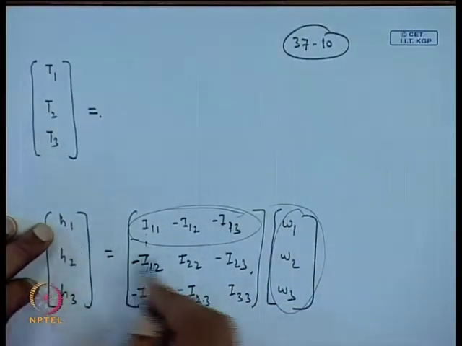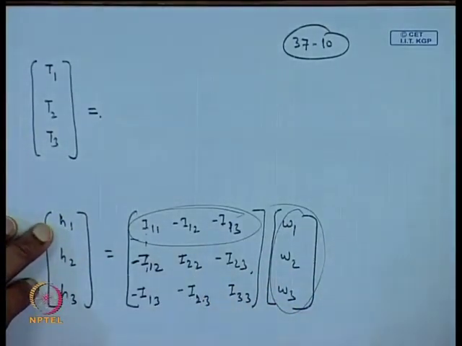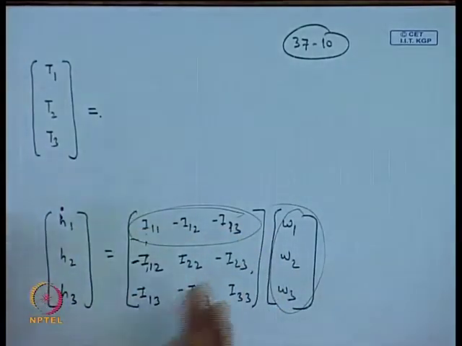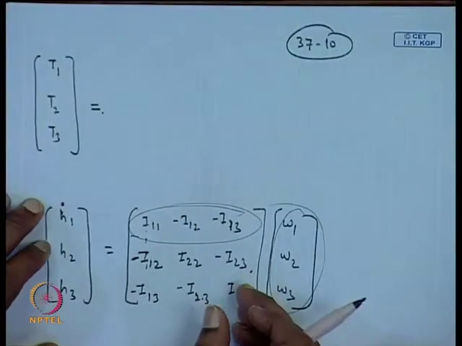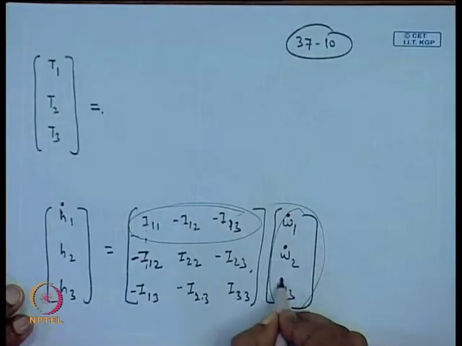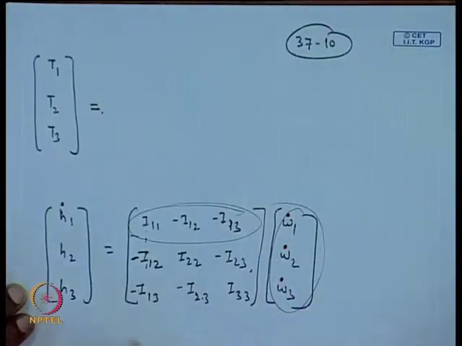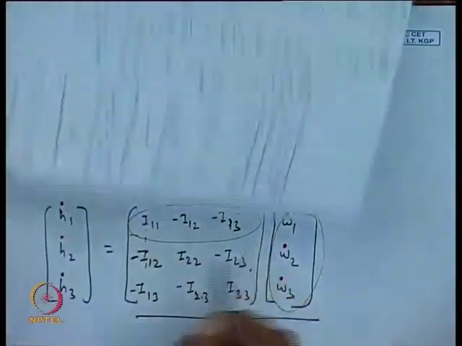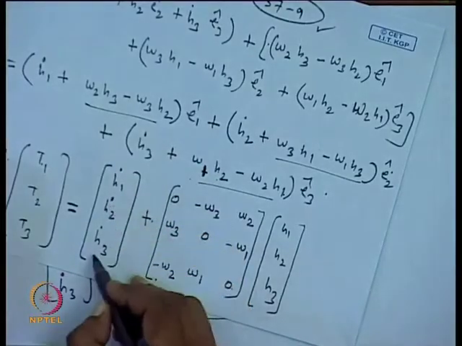So, if you differentiate, you write H1 dot. These terms are not changing because the body axes are fixed in the body itself, and therefore the only thing that will change is that omega1 dot, omega2 dot, omega3 dot will keep changing with time. So, here we can put the dot for that. Therefore, T1, T2, T3 will become equal to, now this H1 dot, H2 dot, H3 dot in this equation needs to be replaced by this equation.